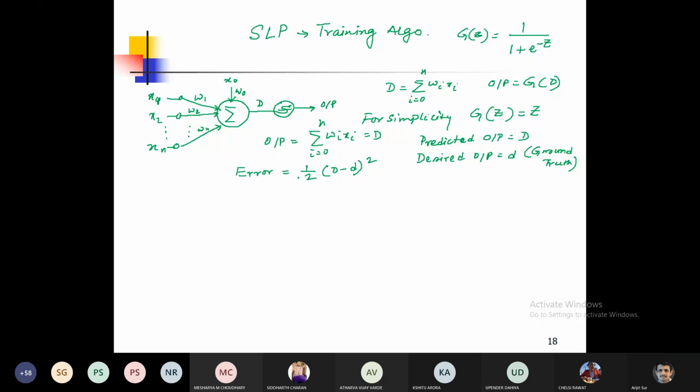Here this is the error E. Now this error E, we are going to differentiate with respect to wi. So it is d of E by d of wi, differentiating with d minus D, sorry.